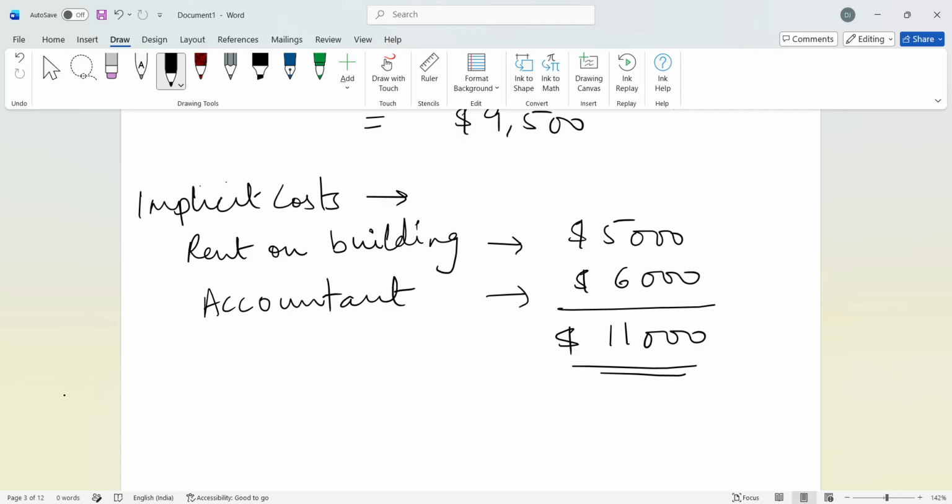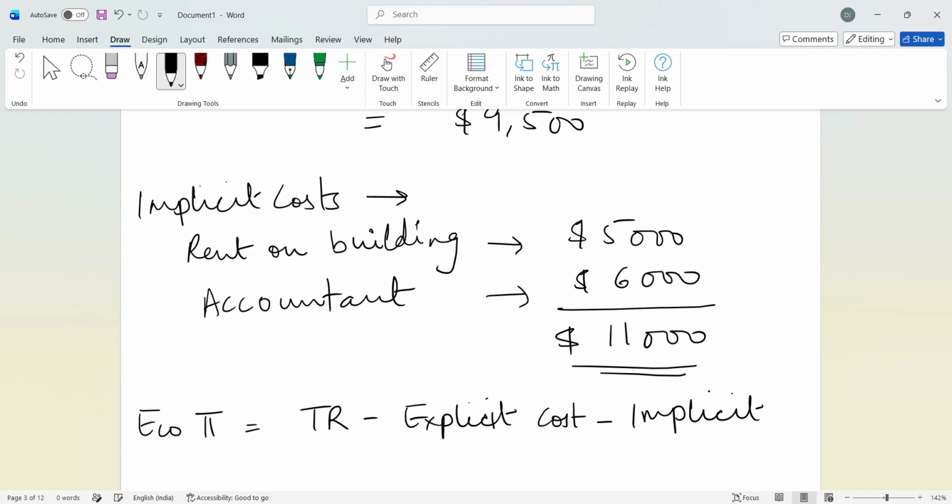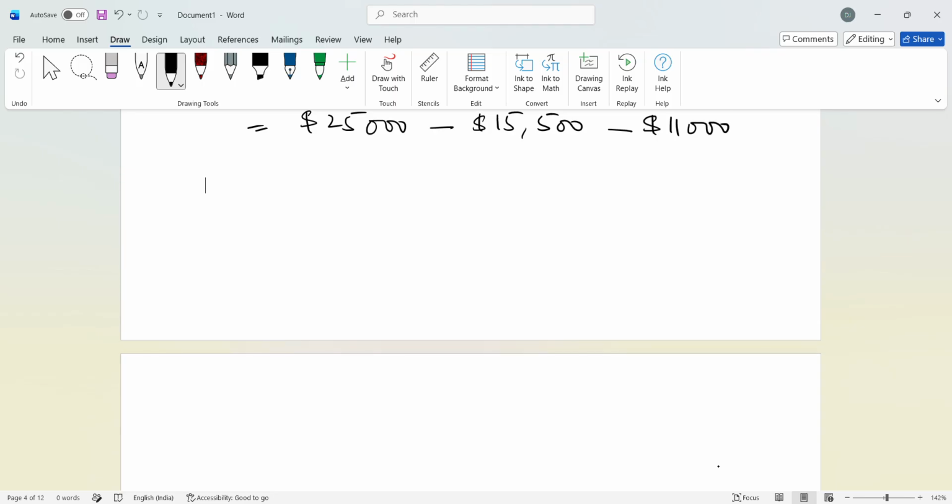Now, to take into consideration the economic profit, I will subtract the explicit cost as well as the implicit cost from the total revenue. Total revenue was $25,000, from which I'll subtract $15,500, and I'll also subtract $11,000.